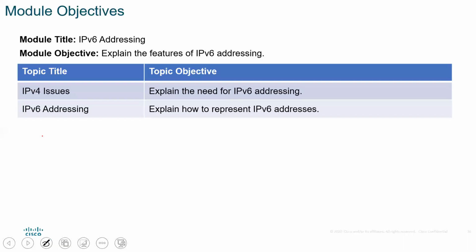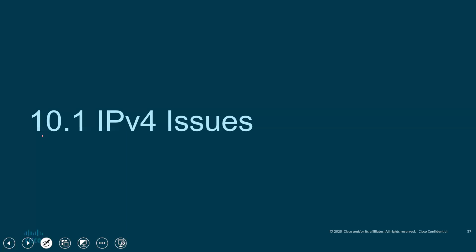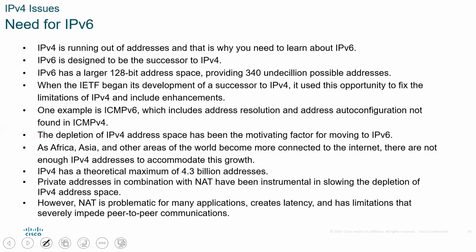It's brief. We're going to look at the issues in IP version 4 that led to the creation of IP version 6. And then we're going to look at IP version 6 addressing. The issue in IP version 4 was that they noticed it is running out of address space.